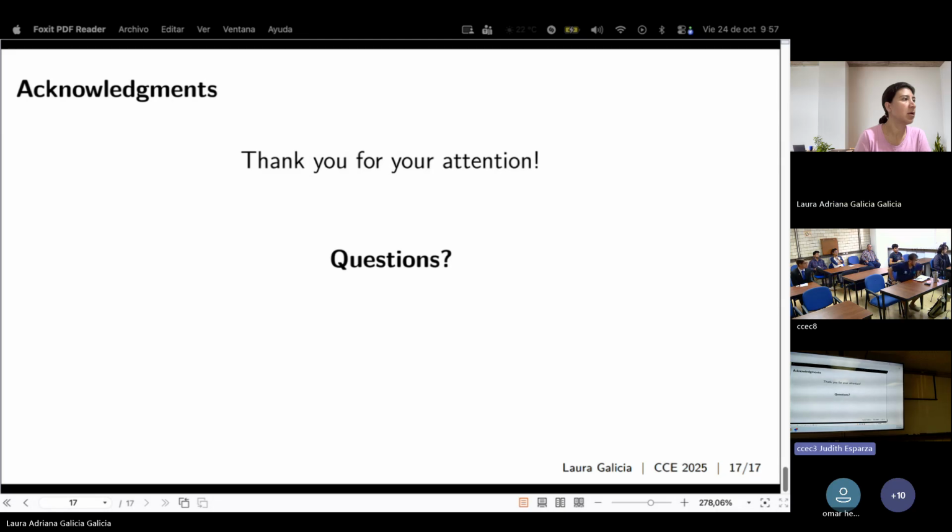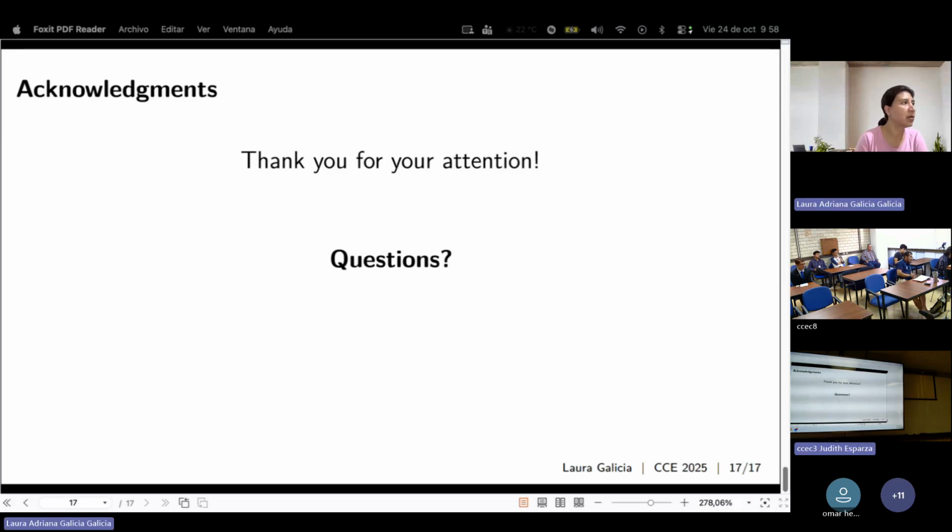Well, if I understood well, the event that triggers the observers in this case is the error that you have in the system. Is that right? Okay.